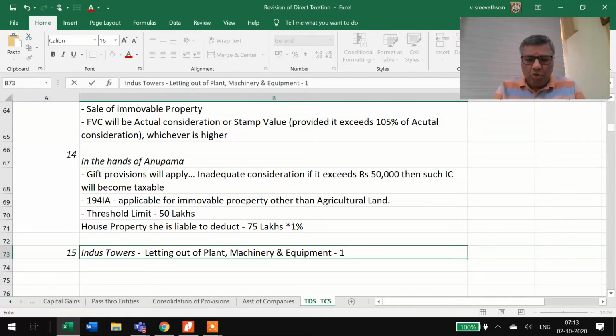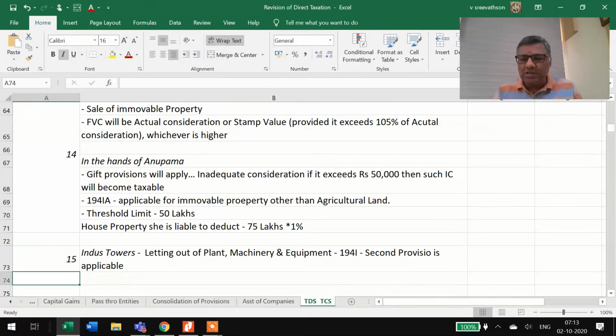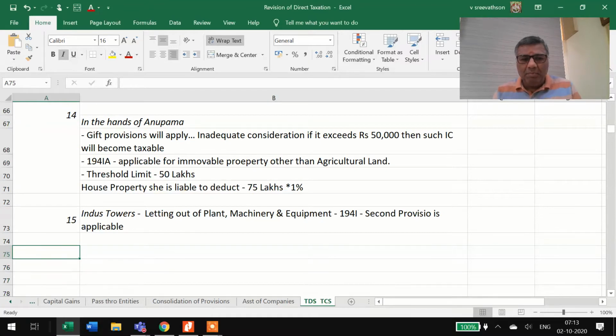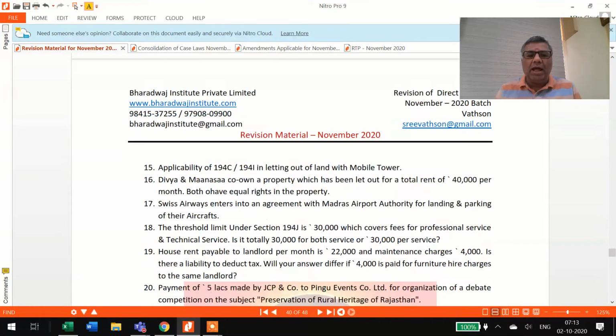So the second provision of 194I is applicable. That is 2% only, but not under 194C, under 194I.